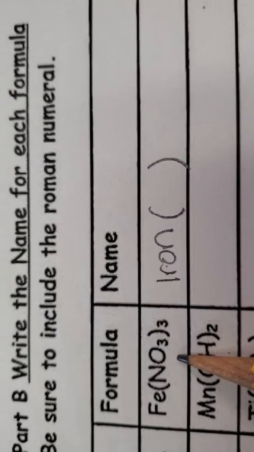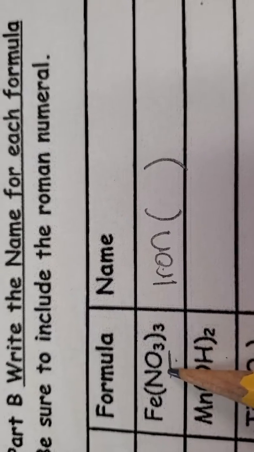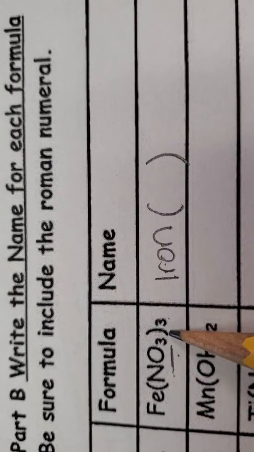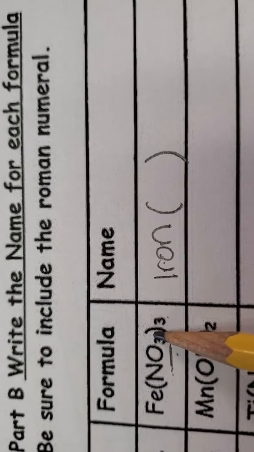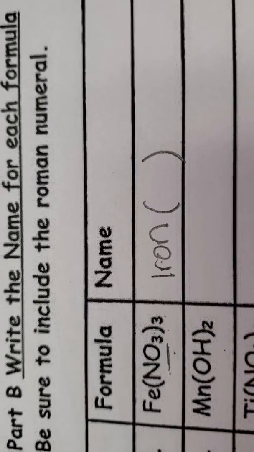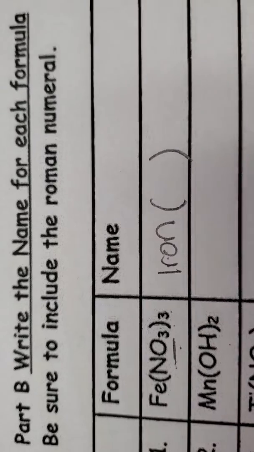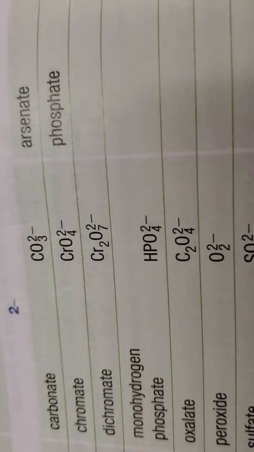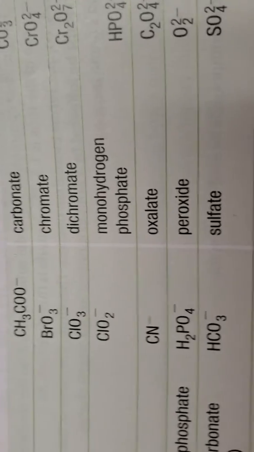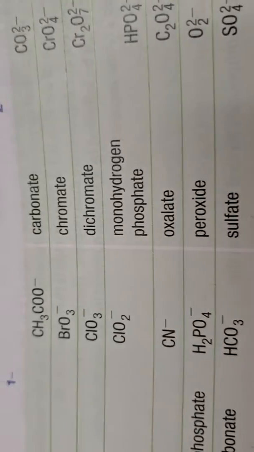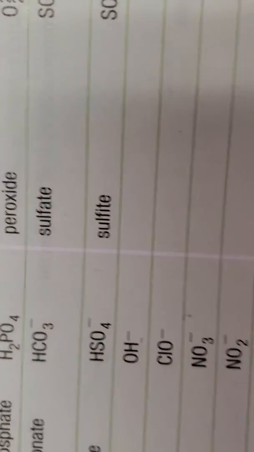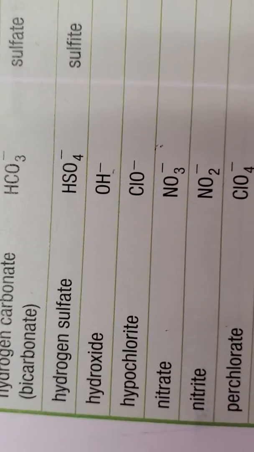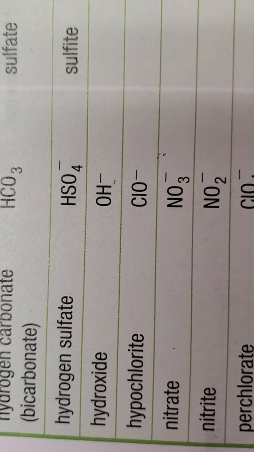At this point, NO3, that's inside of these parentheses, which tells me that this whole thing here is a polyatomic ion. Well, I know my polyatomic ions are going to be found on page 220. So I'm going to come to the chart on page 220, and I'm going to look for NO3. There it is, NO3. NO3 is called nitrate.